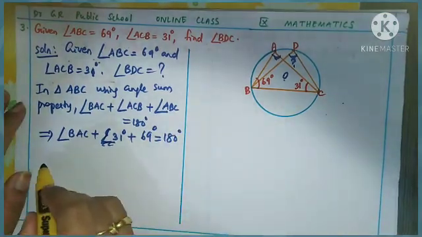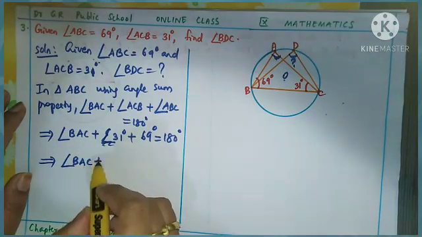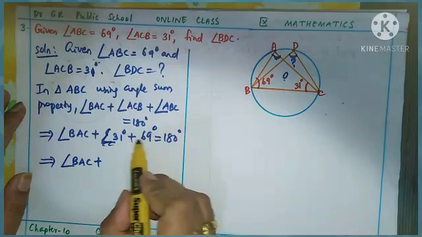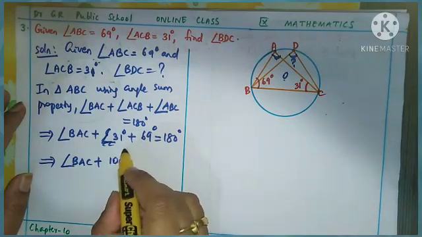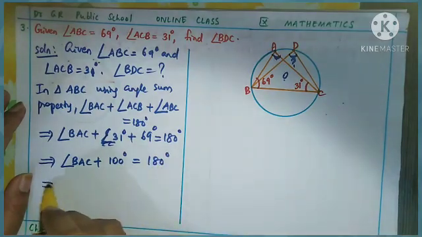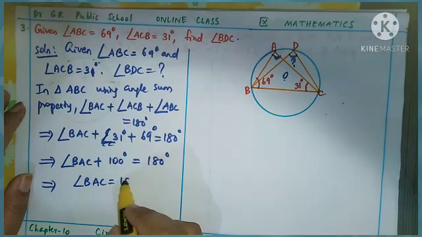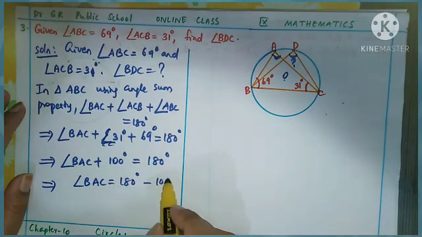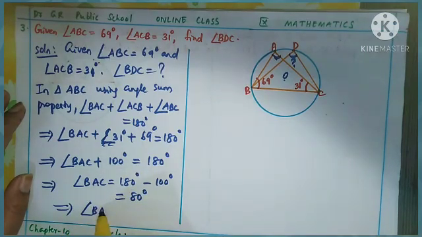So angle BAC plus, what is 69 plus 31? It is 100 degrees, equals 180 degrees. So angle BAC is equal to 180 minus 100 degrees, that is 80 degrees.